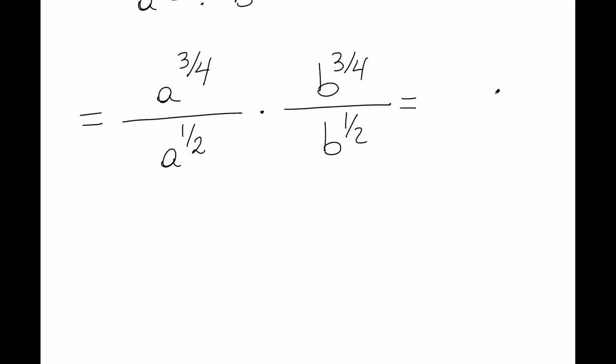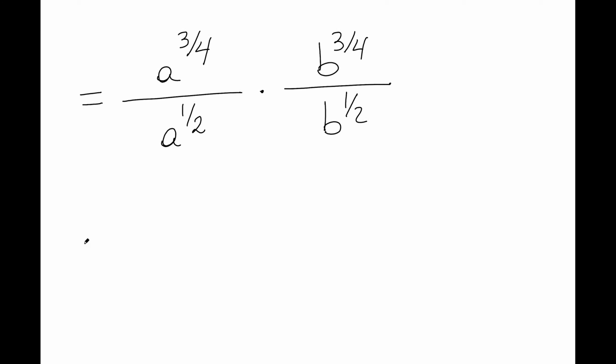So what we get is, let me write it here below, we get a to the power 3 over 4 minus 1/2 times b to the power 3 over 4 minus 1/2.